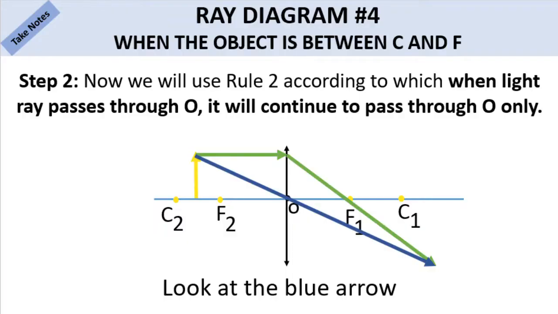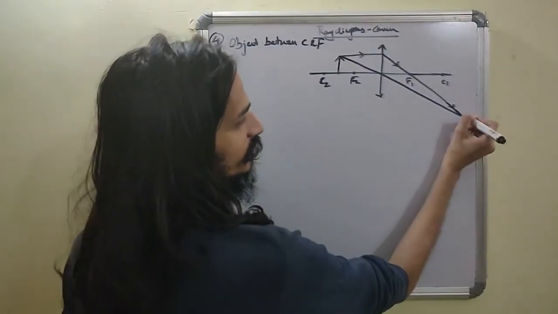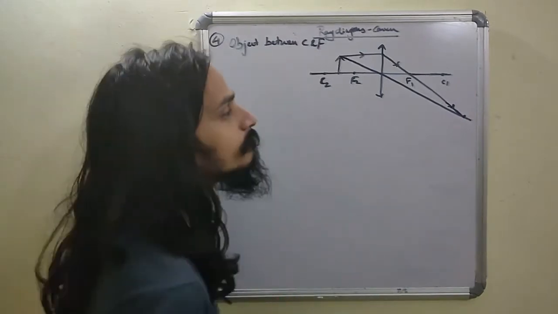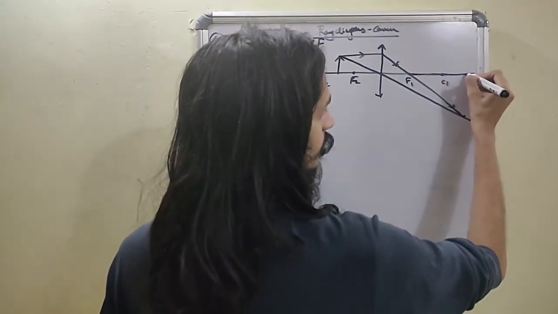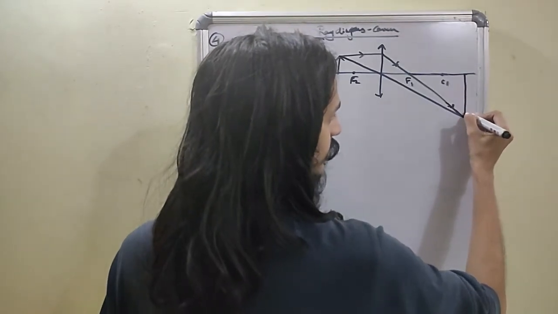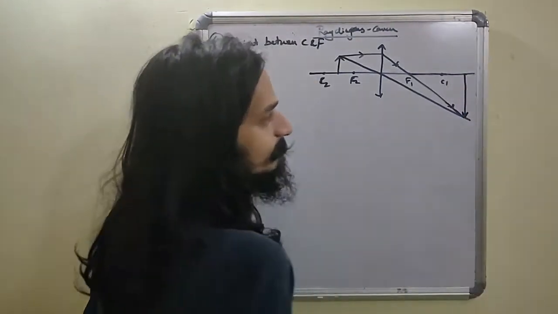Now if you see, they have met somewhere here. So now if I draw the image, it's going to look like this.